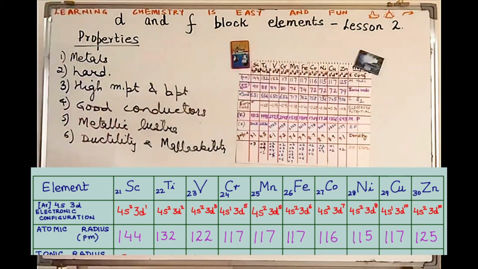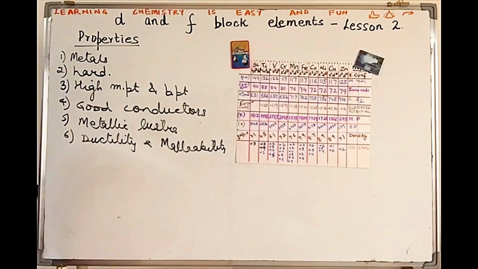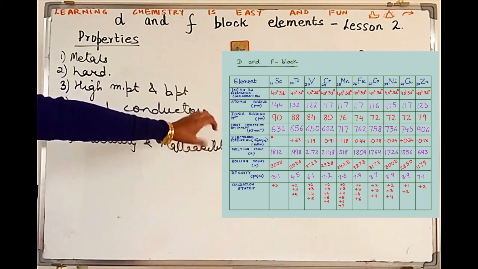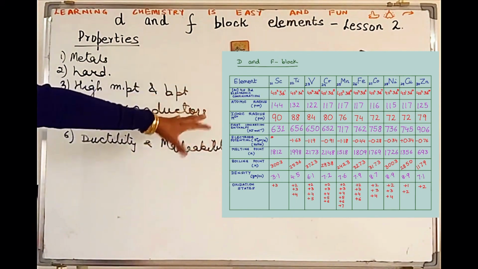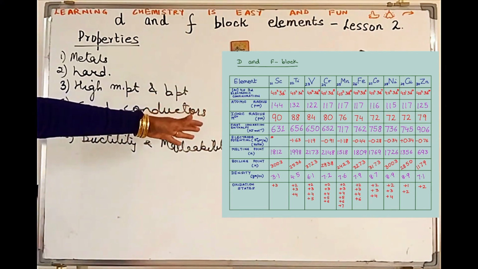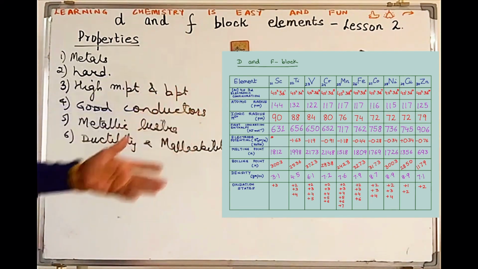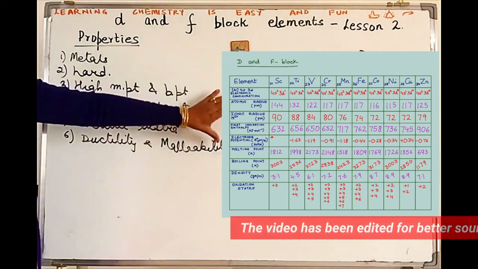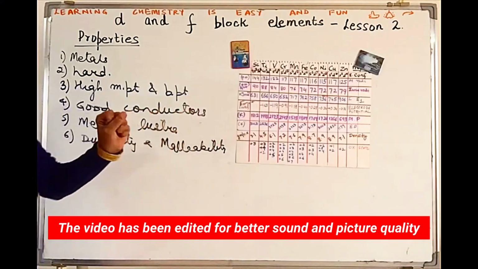Now let us see the variation of the atomic radii. A request: if you can make this chart yourself on some A4 size sheet, it will be much easier for you to understand, because I am not able to take a close-up of this chart every time I have to explain.